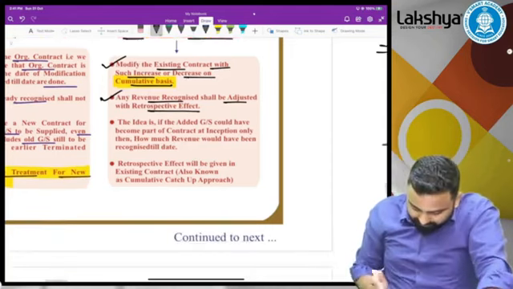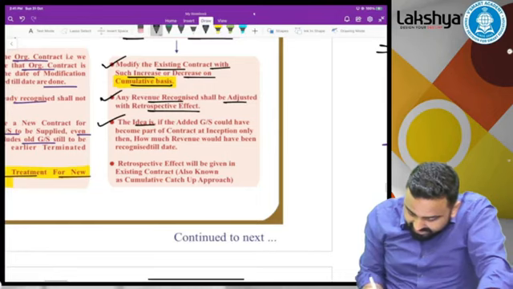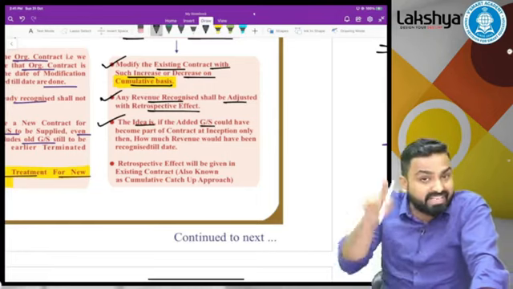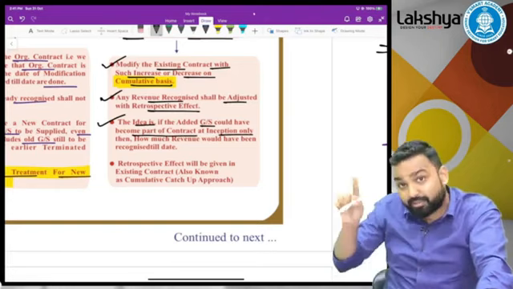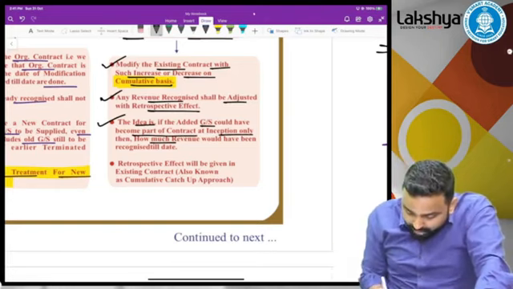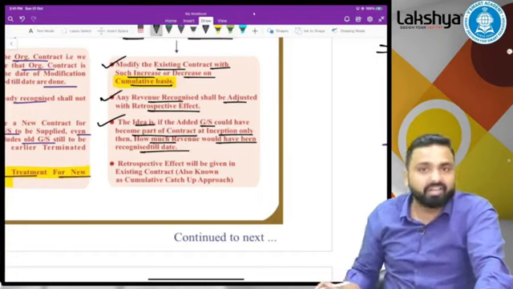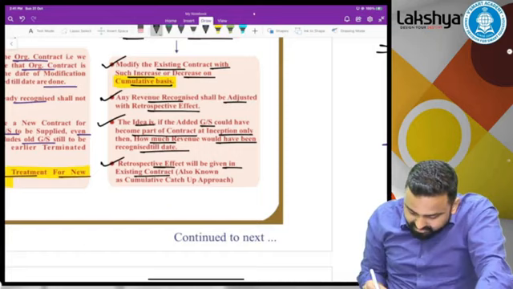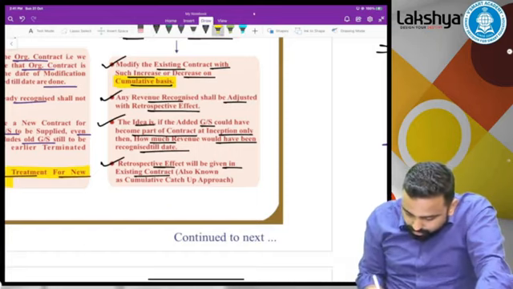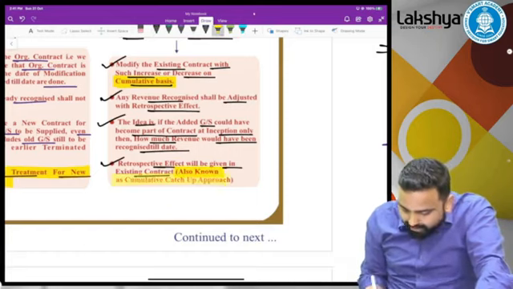The idea is, if the added goods or services, that means the additional 30, could have become part of the contract at inception, then how much revenue would have been recognized till date? Retrospective effect will be given in the existing contract, also known as the cumulative catch-up approach.